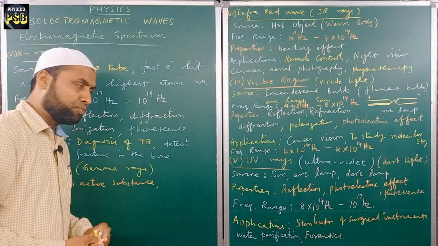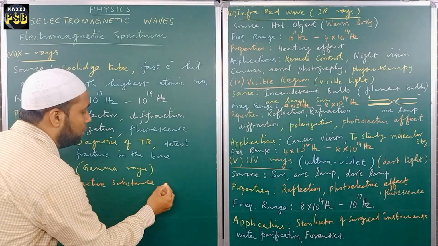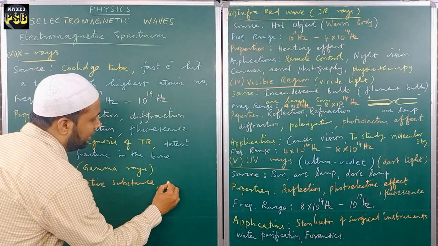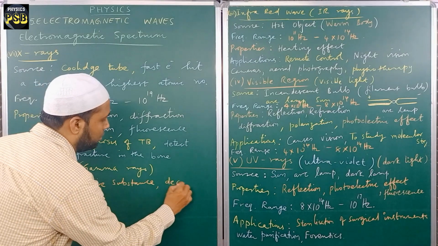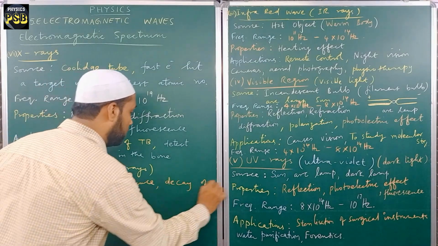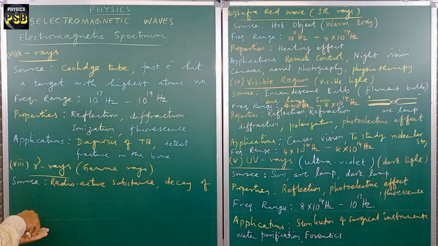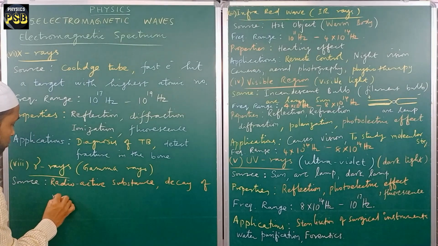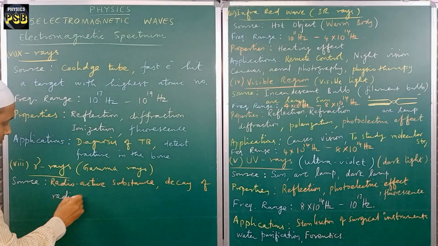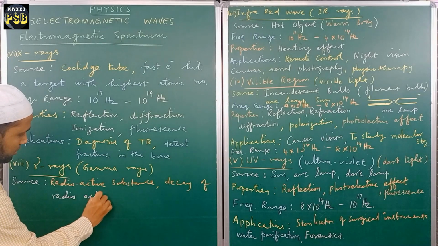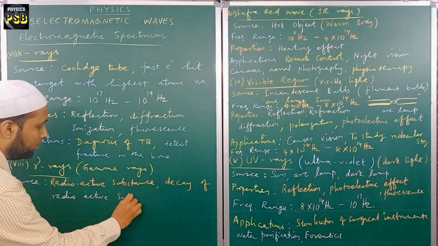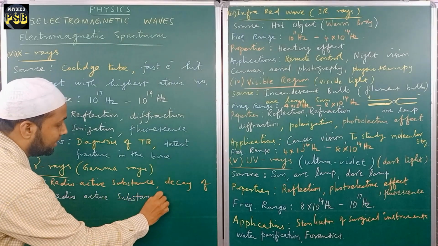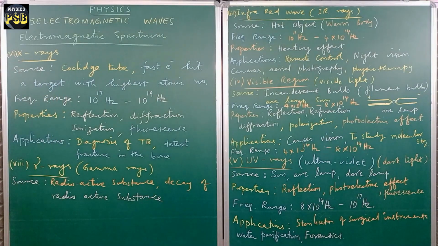And apart from this, the decay of a radioactive substance. This is what I said earlier. When a radioactive substance decays or disintegrates, it emits gamma rays.